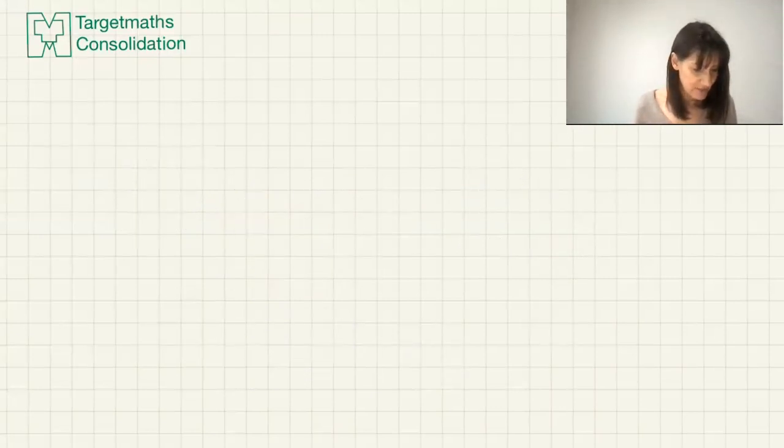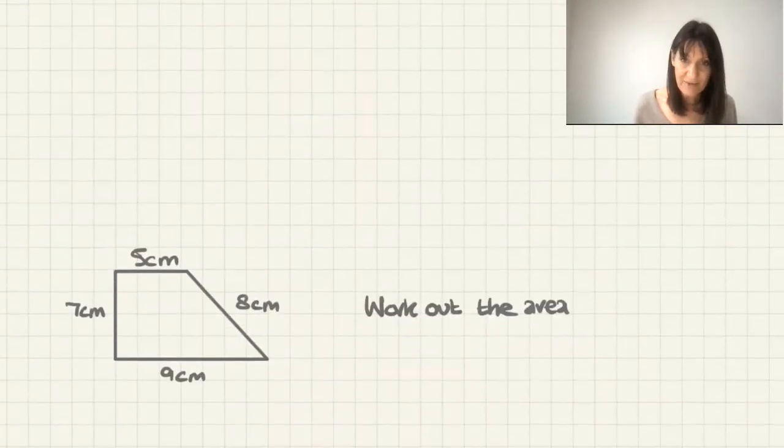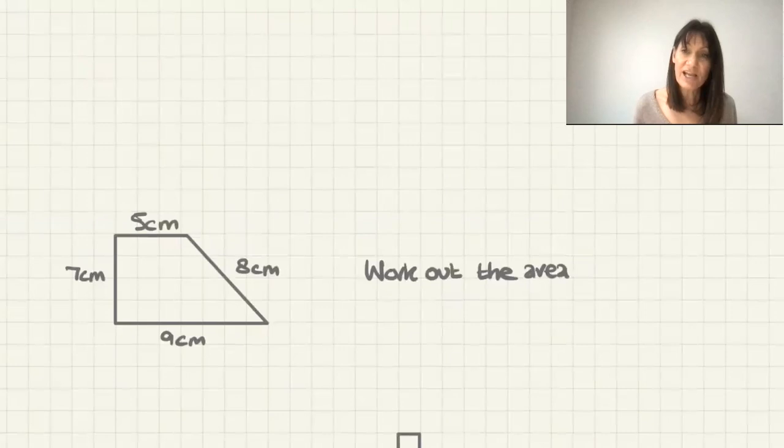Okay, next question we are going to bring up. There it is. I would like you to work out the area of that shape. So hit pause and press play when you're ready. Okay, so area.